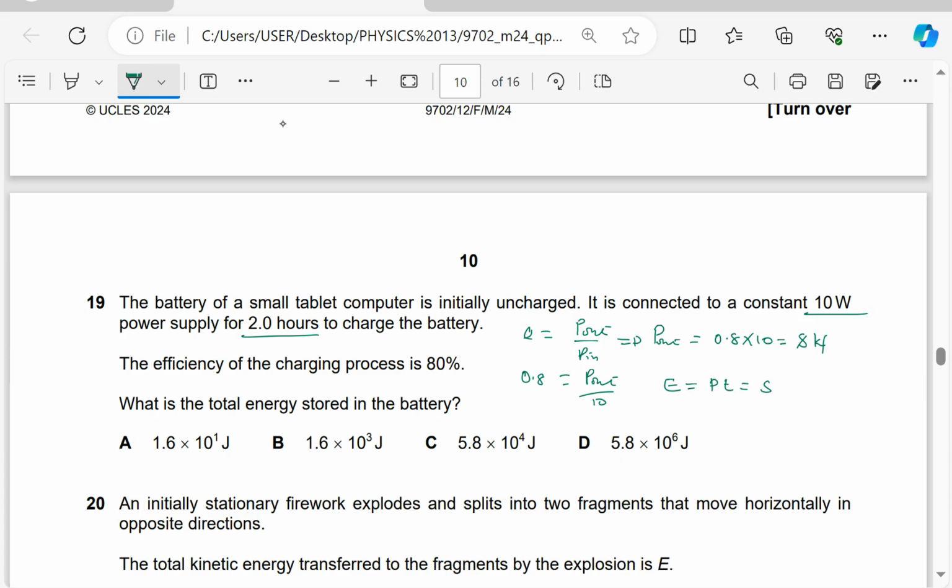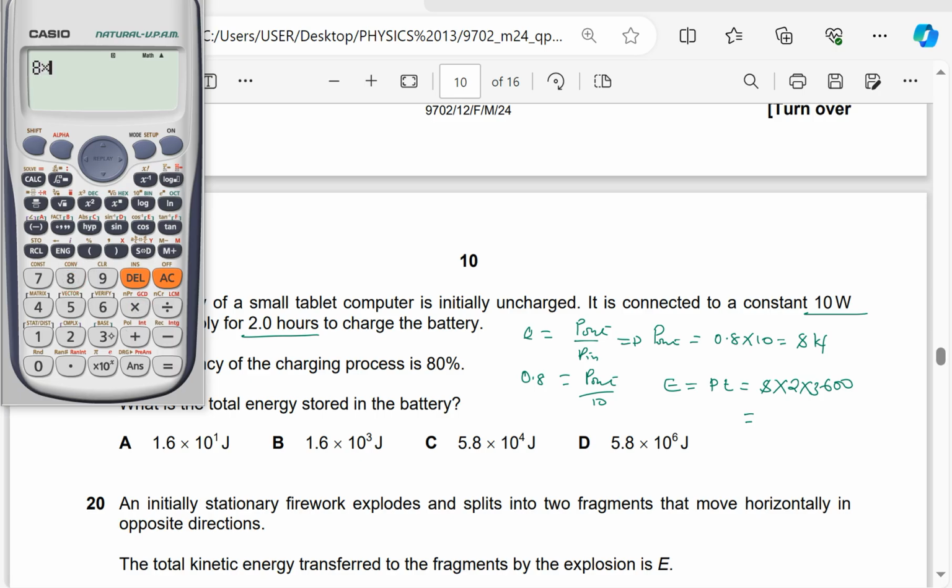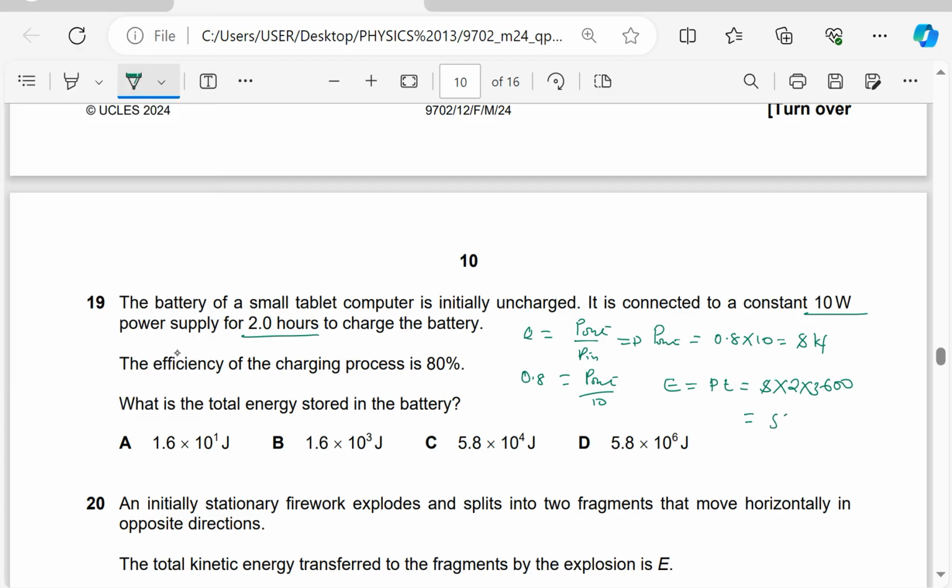So this is going to be 8 times T, which is 2 hours, times 3,600 to change it to seconds. So we have 8 times 2 times 3,600, which gives us 57600 joules. So the answer is going to be, I think it is C.